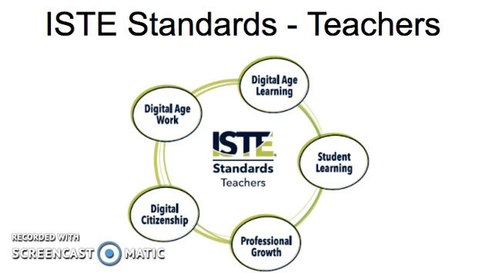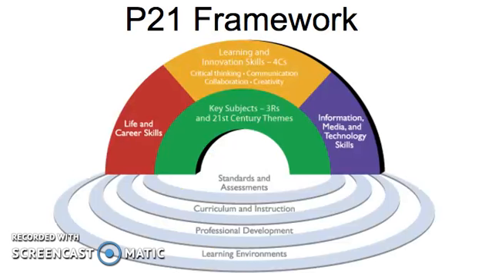By teachers integrating technology in the classroom, it affords students opportunities to gain skills necessary for the 21st century. P21 is a framework for 21st century learning. It was created collaboratively to define the skills students need to succeed in society.